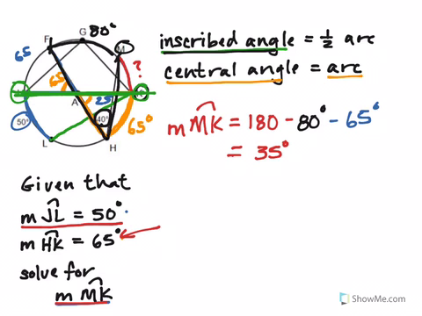Then we were able to use another inscribed angle, and finally use basic arithmetic to subtract the two arcs that we knew, the 65 and the 80, from the 180 to find this missing piece right here. And our final answer is the measure of MK is 35.